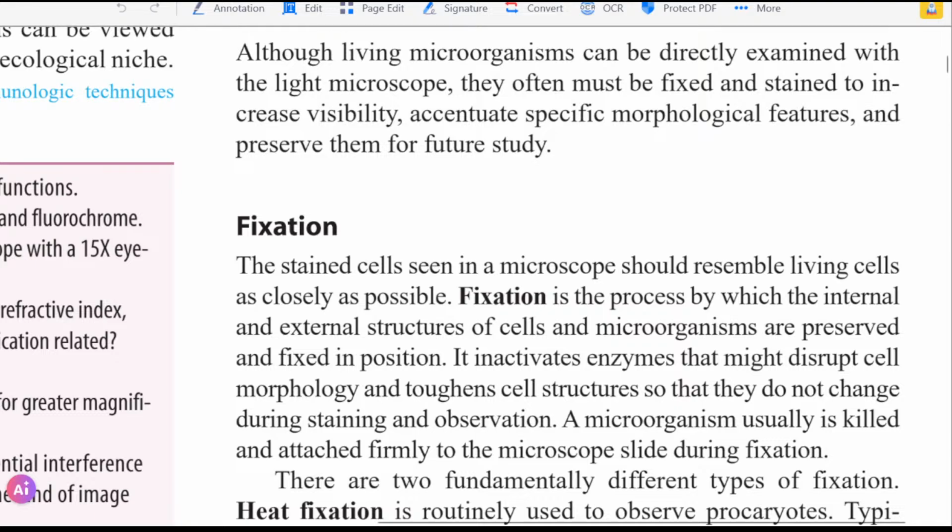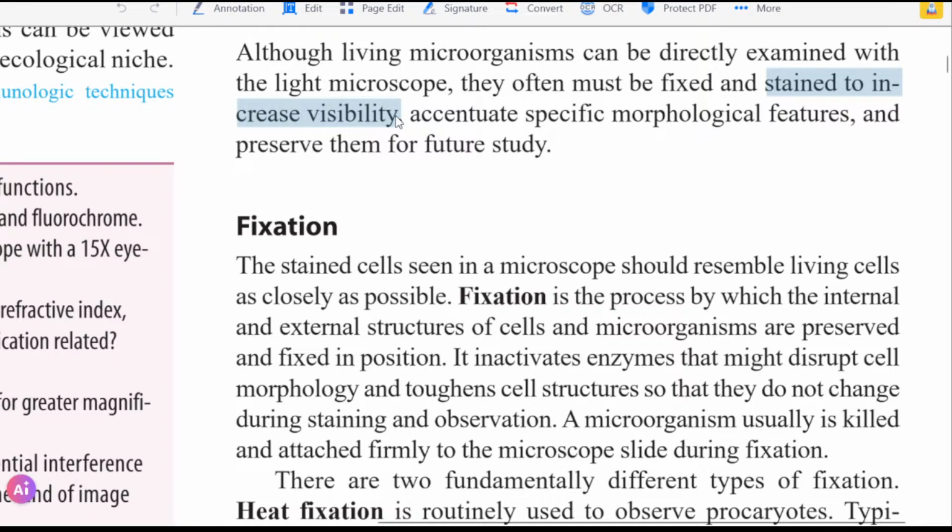Alright guys, so they are saying if you want to study living microorganisms under the light microscope, you first need to fix them. The specimen shouldn't move here and there, so it should be fixed, and you should stain it, because the visibility of microorganisms is very low due to their light coloration.